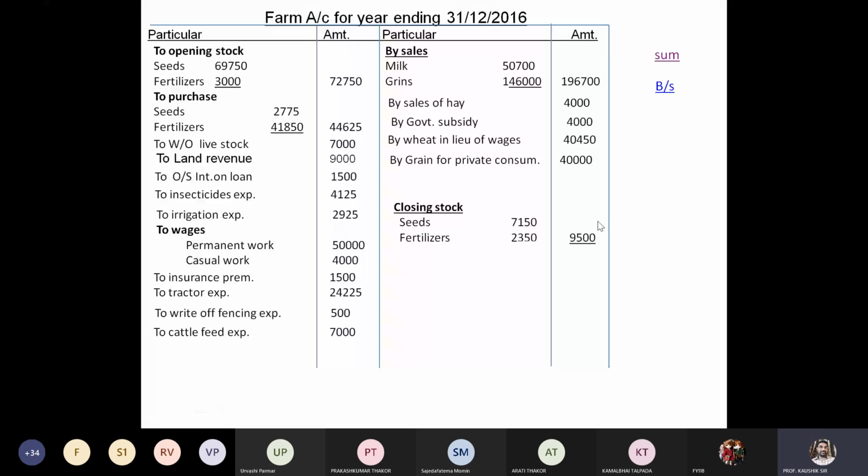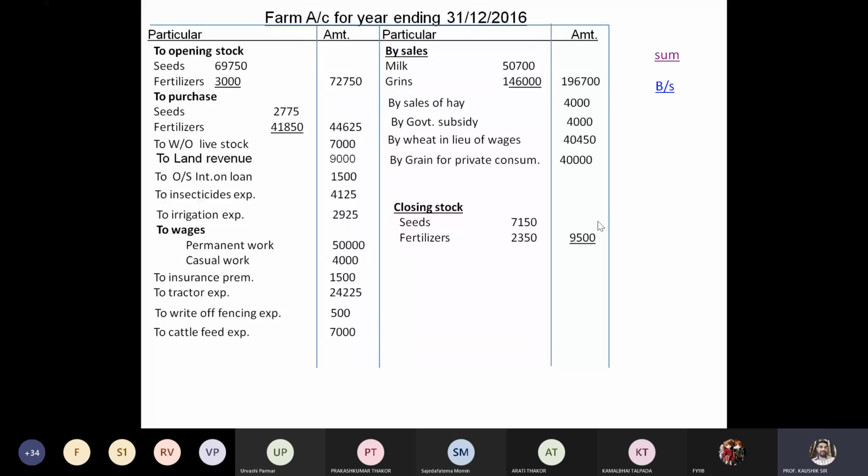Seeds and fertilizer. Seeds 7,150, fertilizer 2,350, total 9,500.